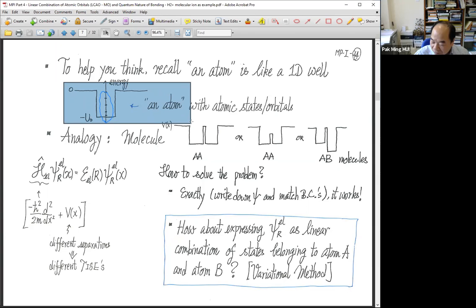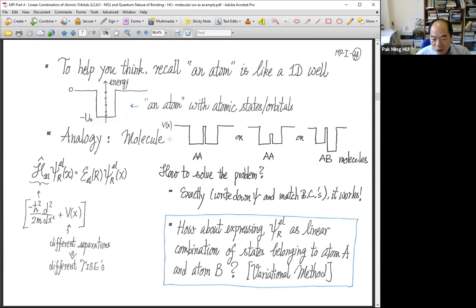The ground state is something like that. That looks like an S state. The first excited state is something like that. That looks like a P state. In terms of symmetry, one side is plus, one side is minus. So it's a very good picture to think about atoms as a finite well.